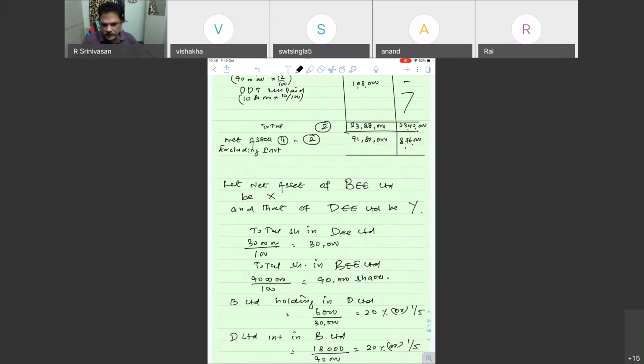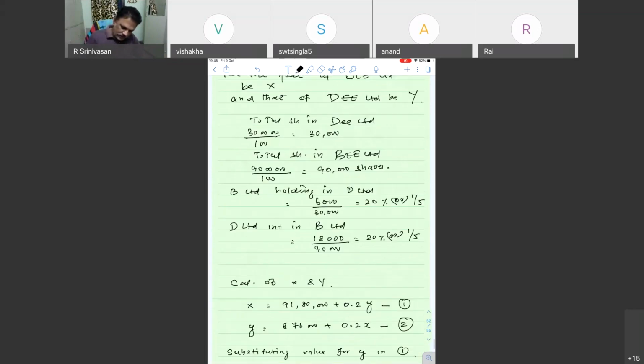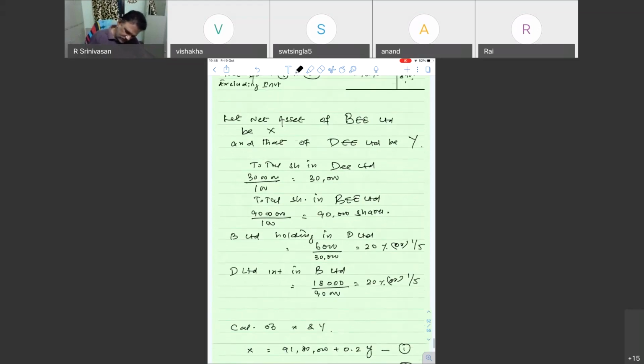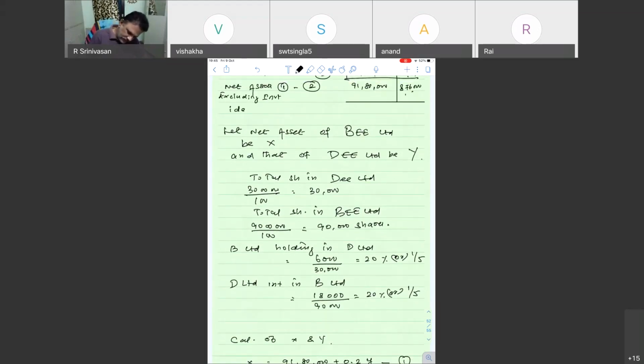Then we have formed the simultaneous equation. So, identification of interest: this we have found out. Then calculation of intrinsic value. Very good.